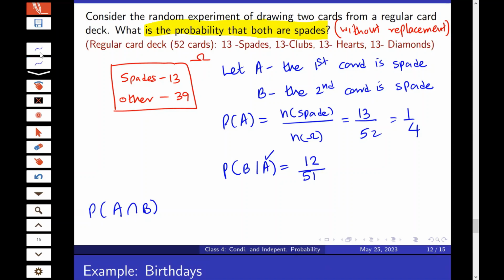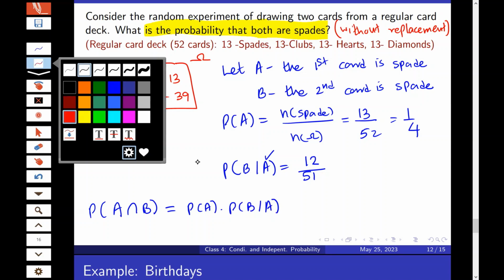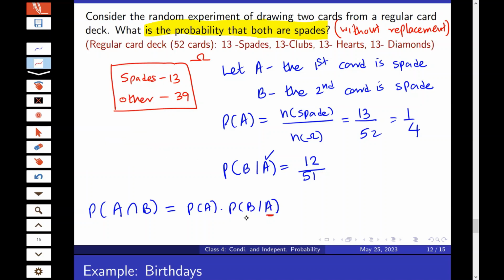Now use the idea of the multiplication rule, which is P(A) times P(B given A). Can you see, when I'm writing B given A, this one should be matched with here.